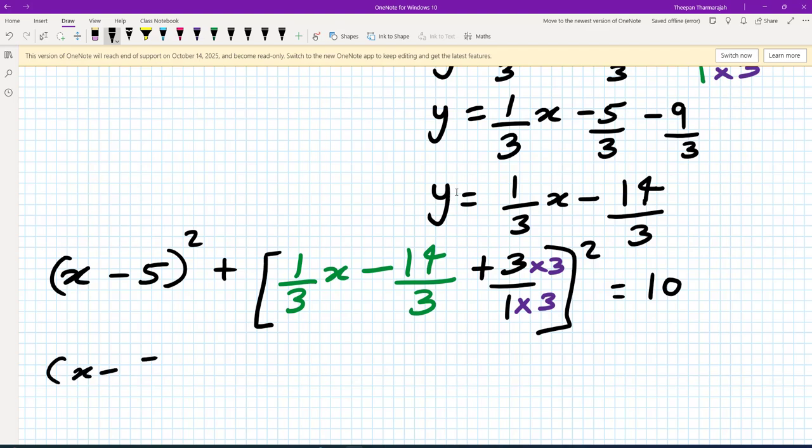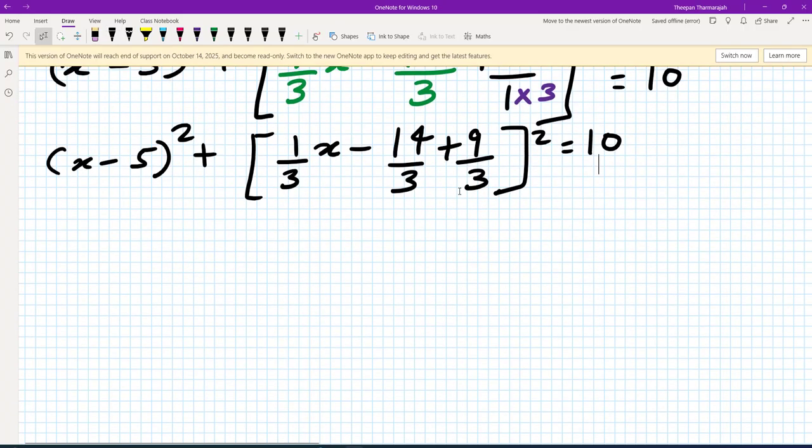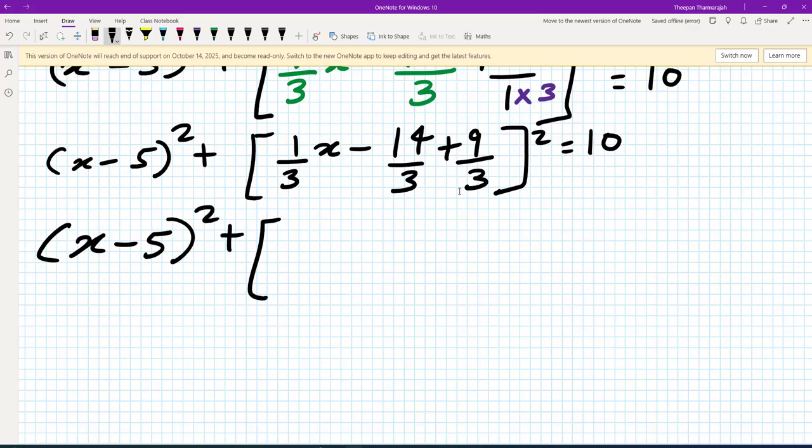We get (x − 5)² plus, now what we get here is a third of x minus 14 over 3 plus 9 over 3, squared, and it's equal to 10. So now we get (x − 5)² plus (a third of x minus 5 over 3) squared, equals 10.